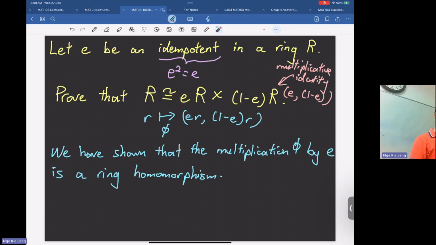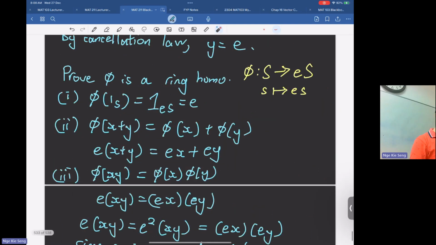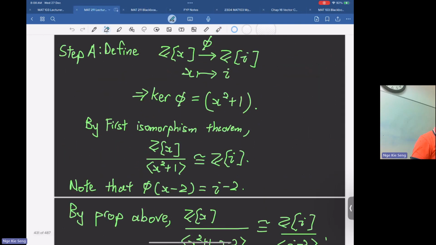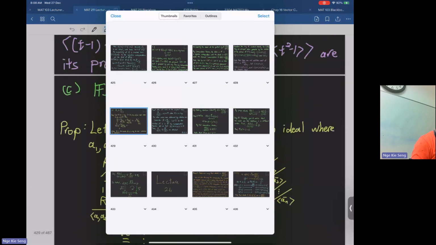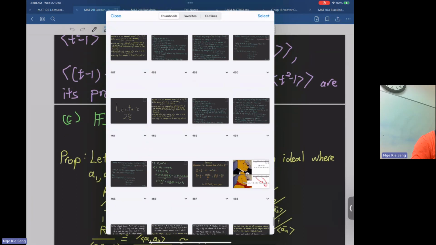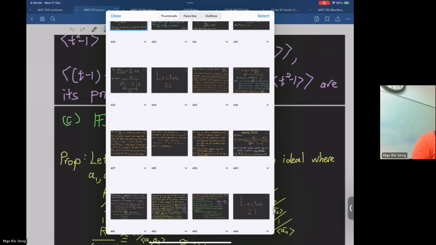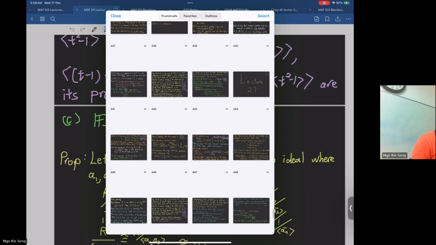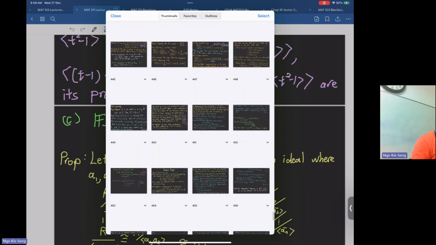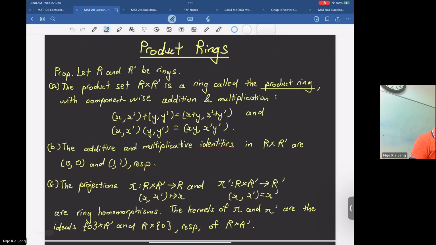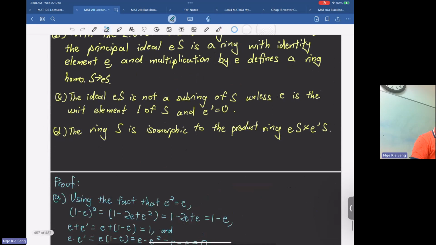I have provided this proof in the previous lecture notes, where you can check. I provide the proof inside the lecture notes that I posted yesterday, in lecture 27.